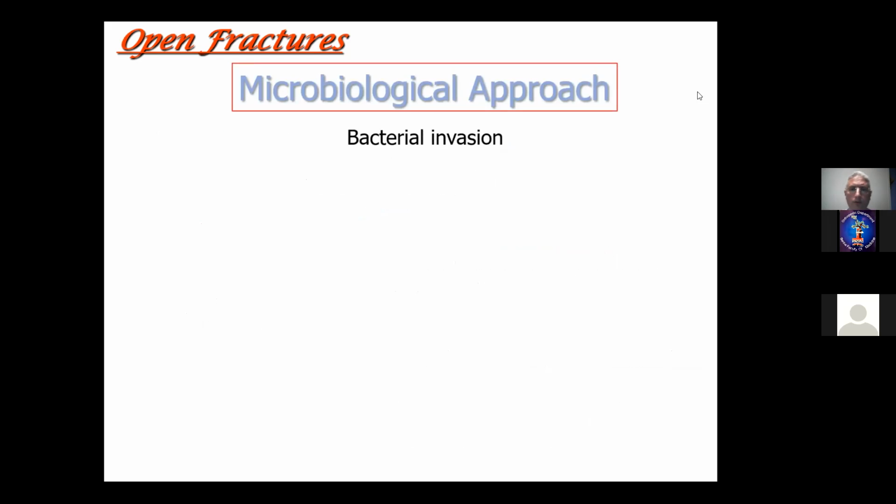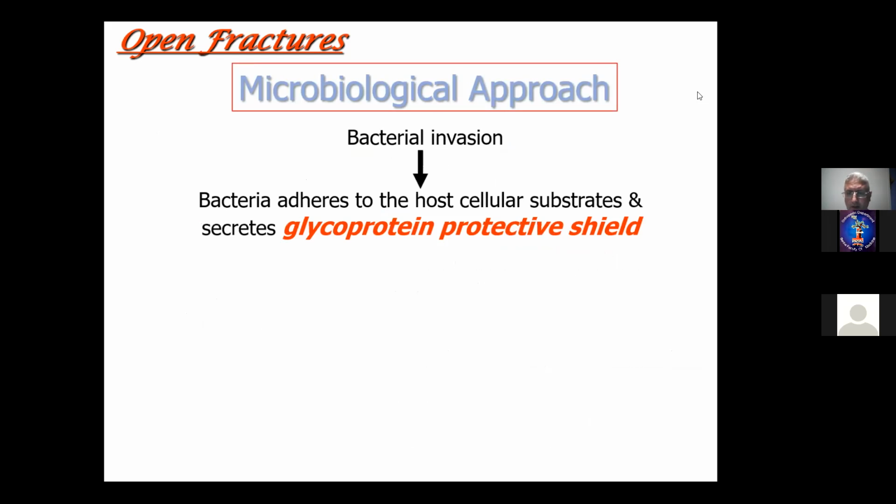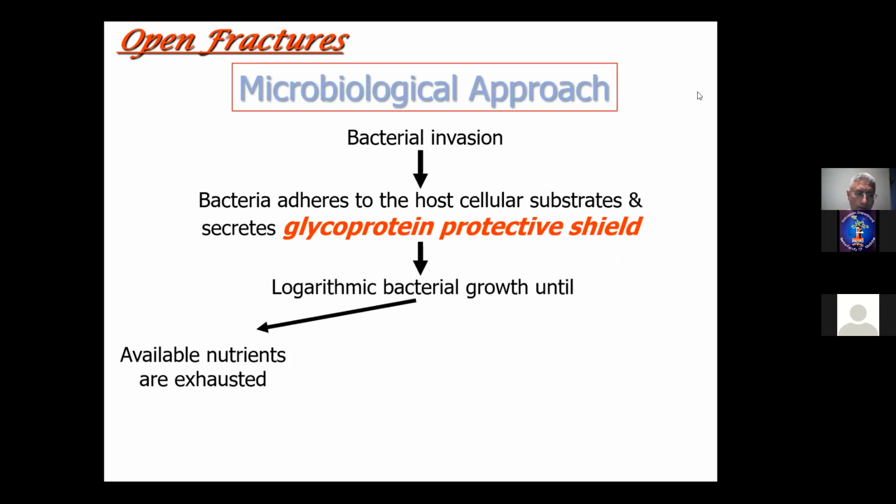Regarding the microbiological aspects, in bacterial invasion, the bacteria adhere to the host cells and start by secreting a protective shield, or biofilm, that protects them even against antibiotics. This is followed by logarithmic bacterial growth until the available nutrients are exhausted. This raises the importance of debridement and irrigation.